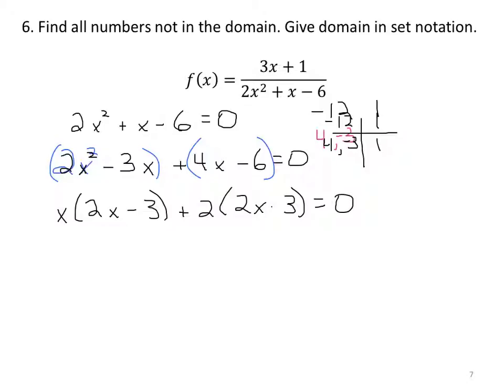Now I see that 2x minus 3 is my new common factor, so I bring that out, and what I'm left with is x plus 2.